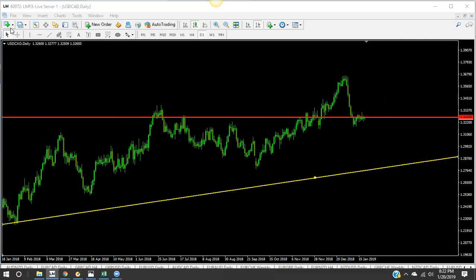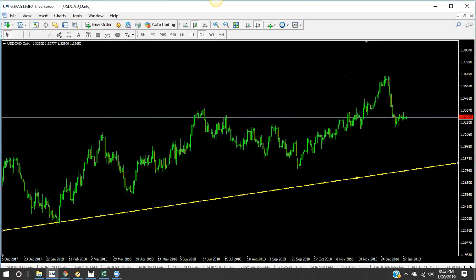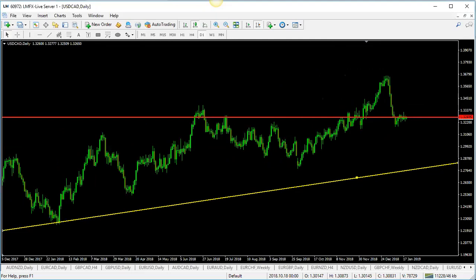So just real quick, guys, what are you looking for in support and resistance? What's the main thing you're looking for in support and resistance zones? Not trend lines, but horizontal support and resistance. We're looking for our points of support and resistance.